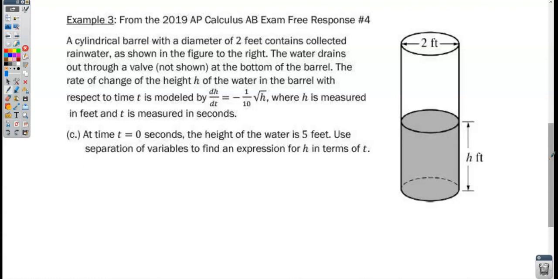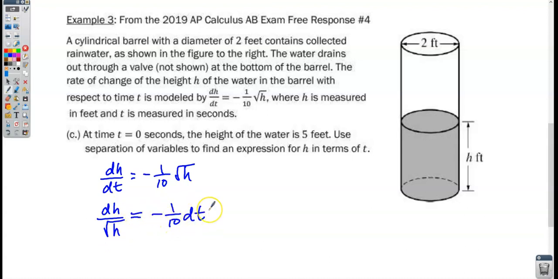So we're going to start with our differential equation, and we're going to use separation on this differential equation to find an equation for h. So I'm going to divide both sides by the square root of h and multiply both sides by dt. My separation is done.